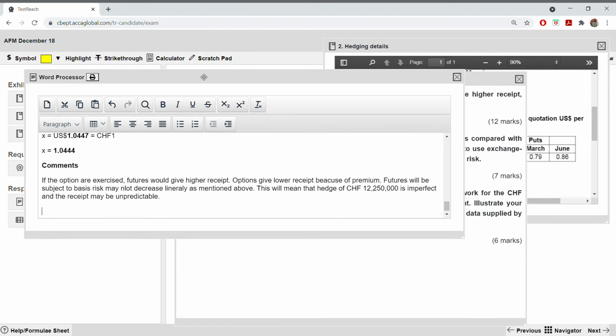So the next paragraph, you can talk about options. Here we are talking about if you don't exercise the option, it can be allowed to lapse if the contract is not completed for some reason.